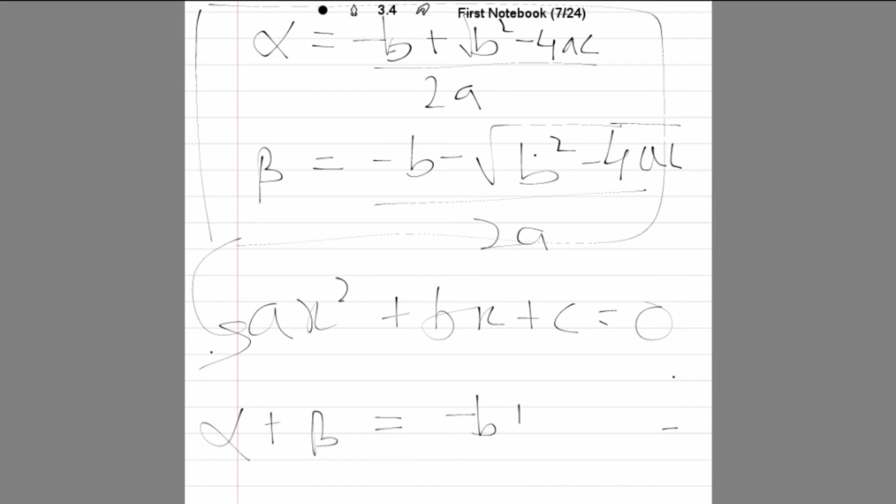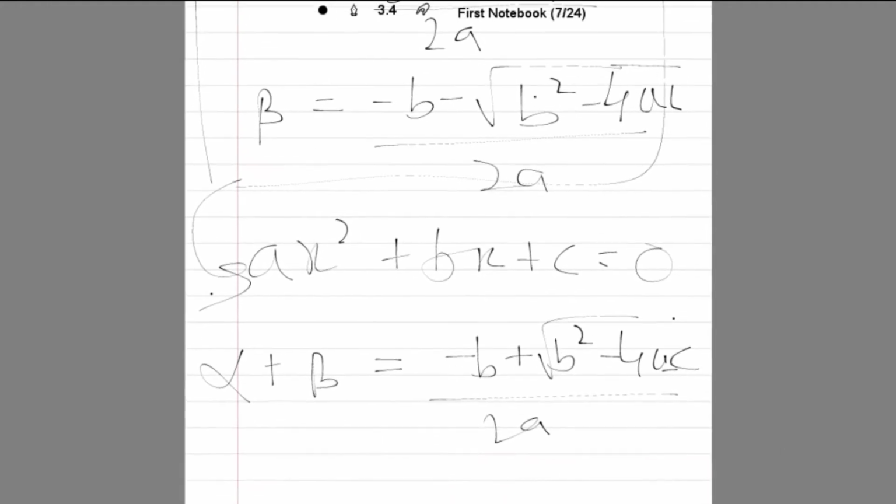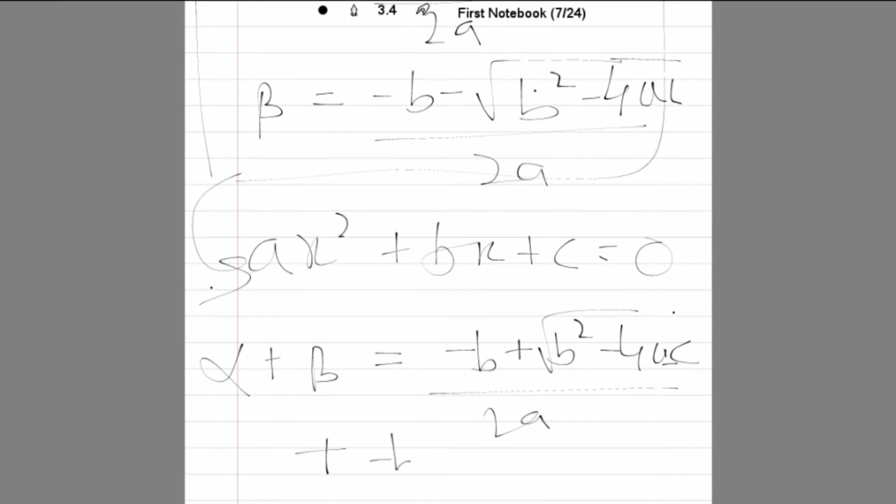minus b plus root of b square minus 4ac upon 2a plus minus b minus root of b square minus 4ac upon 2a. So we are just adding those two, and if you see here, the denominator of both is 2a, so it is the same.